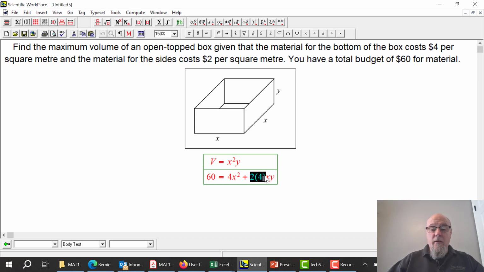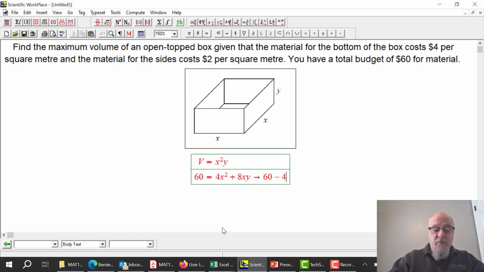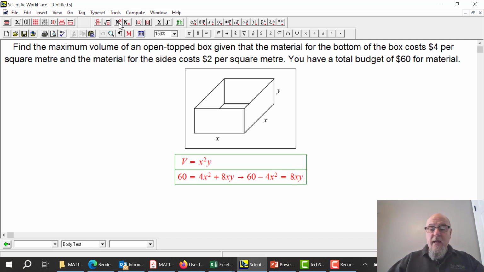So 2 times 4, let's make that an 8. And let's solve this constraint. I'm going to write that as 60 minus 4x squared, bringing that 4x squared over to the other side, equals 8xy. Now I'm going to divide both sides of the equation by the x.